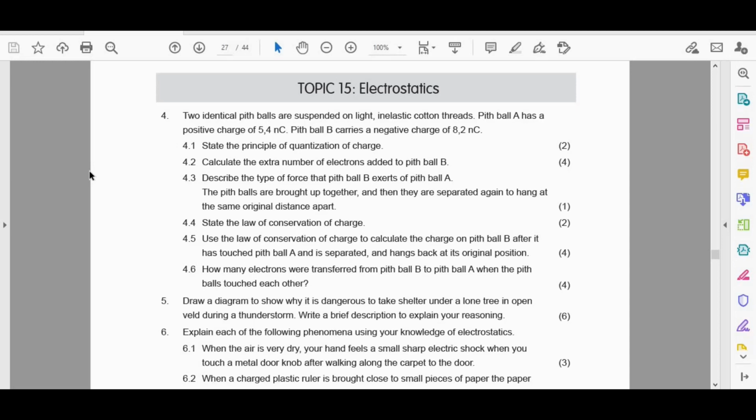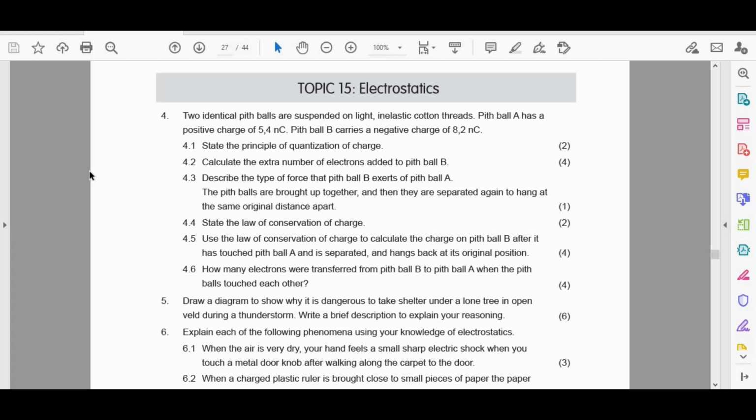Pith ball A has a positive charge of 5,4 nanocoulombs, while pith ball B carries a negative charge of 8,2 nanocoulombs. 4.1: state the principle of quantization of charge. 4.2: calculate the extra number of electrons added to pith ball B. 4.3: describe the type of force that pith ball B exerts on pith ball A.